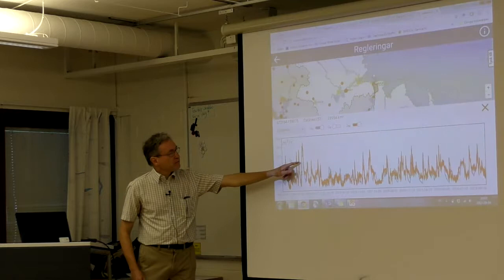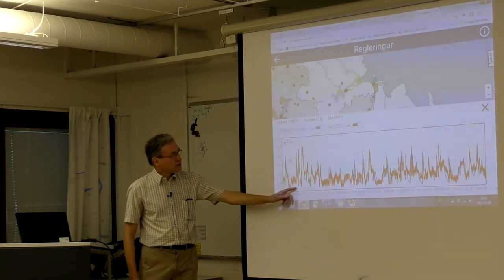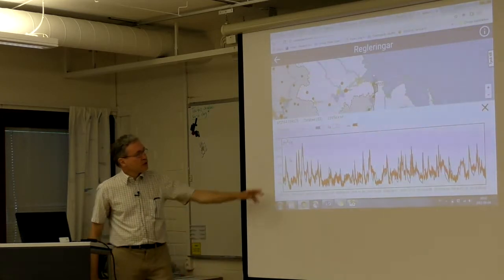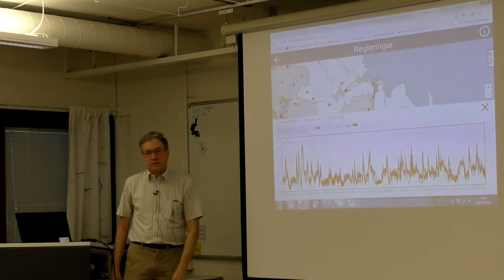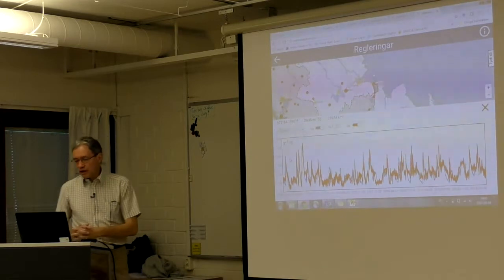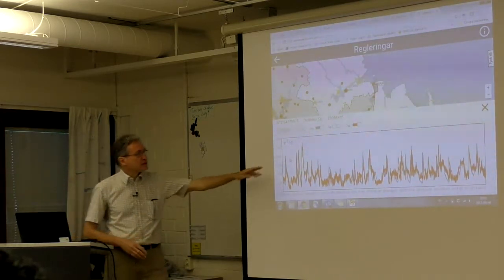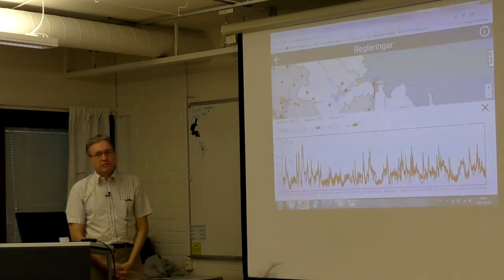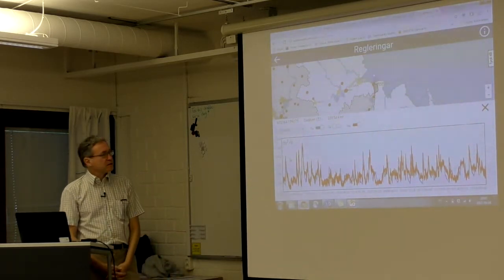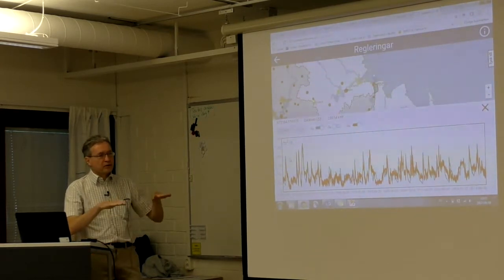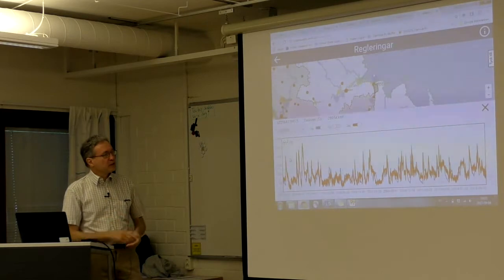Here were some major flood events in the year 2000, two major flood events basically, where there's not very much they can do when it comes to regulation because all the dams are full at this situation. So it's actually easier to model the discharge in a regulated system when you have a high flow, because everything is full. There's not much they can do anymore.